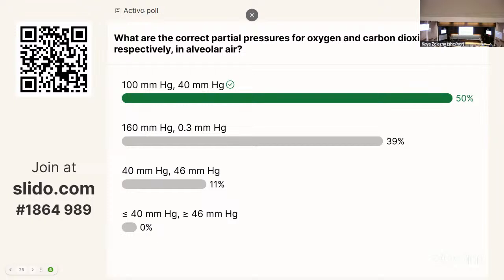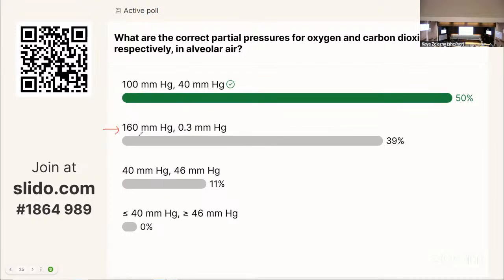Okay, so let's look. This is what we had for our partial pressure of oxygen in the atmosphere, right? But as we move to the alveoli, we know we dropped it down as we humidified it, added carbon dioxide, and mixed it with dead air, that calculation we did comparing minute ventilation and alveolar ventilation.